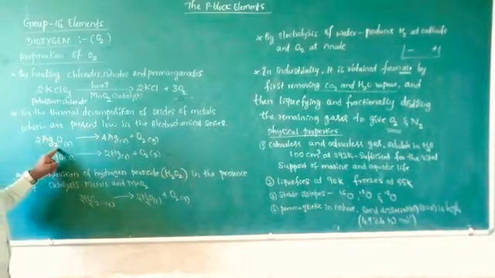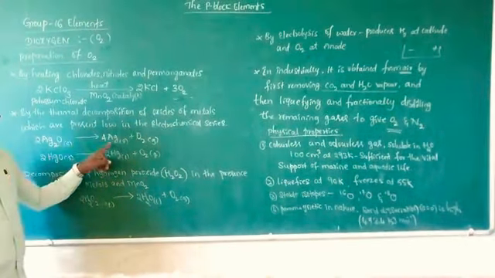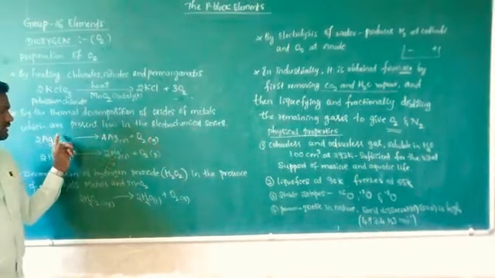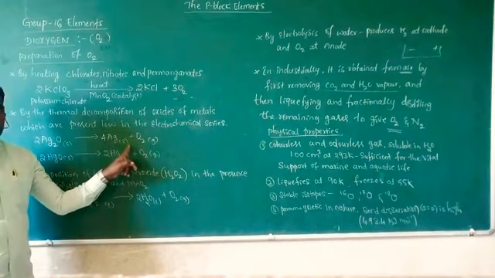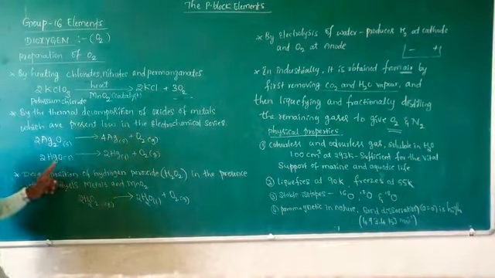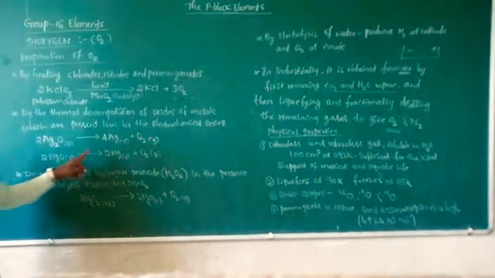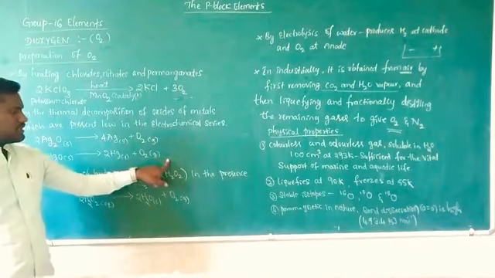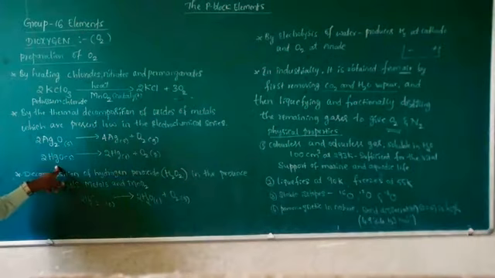Here 2Ag2O converts into 4Ag plus O2. Mercuric oxide, HgO, converts into Hg plus O2. This is the preparation of oxygen from metal oxides.